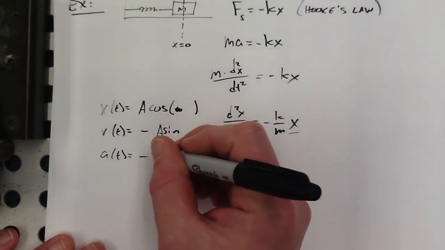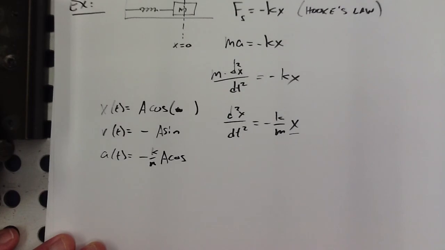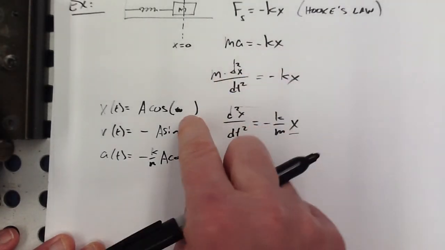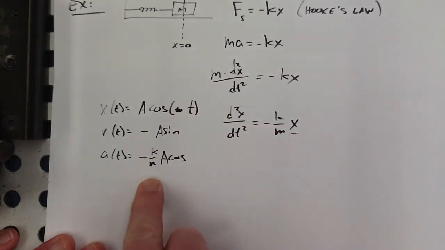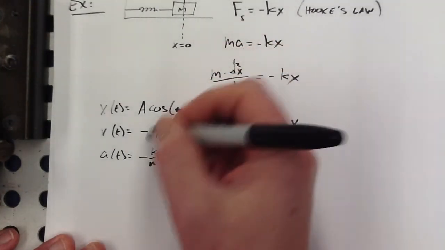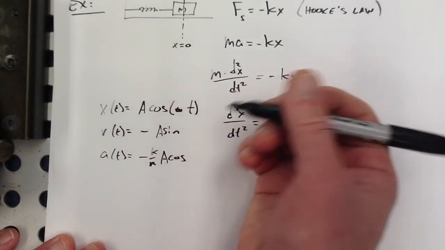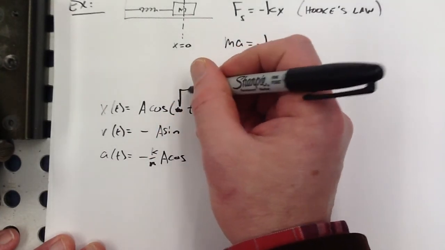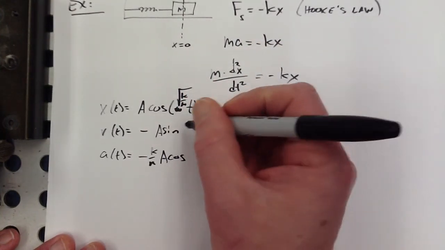So that k over m, how did that get there? Well, if k over m got there after taking two derivatives, it's because the chain rule happened twice. So what would the thing be in here with time so that when the chain rule happened twice, you got k over m? If you just got regular k to the first power, m to the first power, then this must have been the square root of k over m in here.